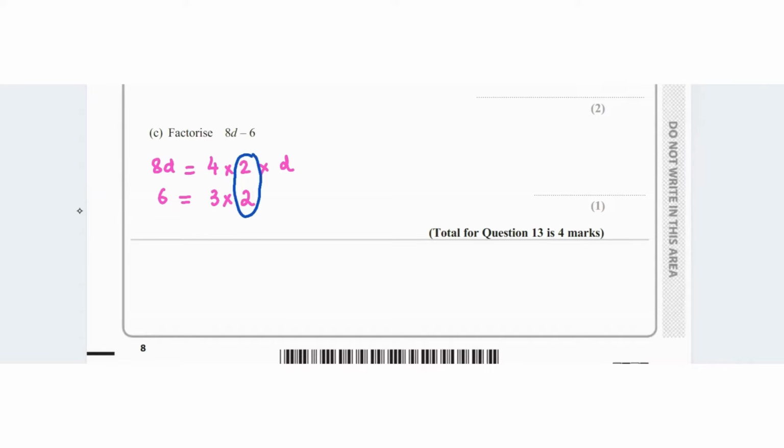So in factorization, whatever is common, you write that term outside the bracket, and inside the bracket, you write the remaining terms. So if we take 2 common from 8d, we're left with 4d over here. And if we take 2 common from negative 6, we're left with negative 3 over here. And that is your fully factorized answer for this.